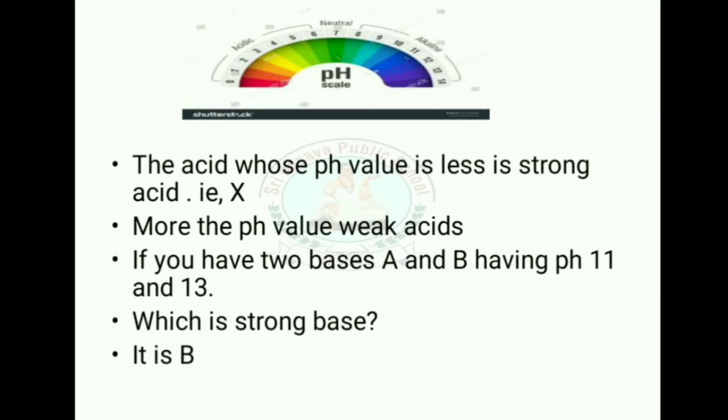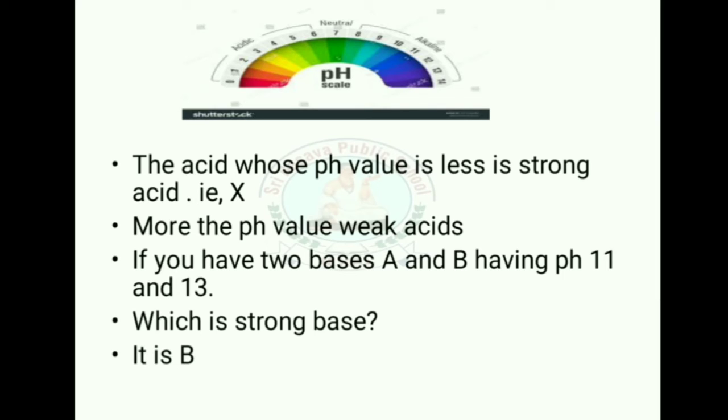And I want to tell you one more thing here about the pH scale. From 0 to 2, that is a strong acid. If the pH value is 2 to 4, they are moderate acids. If the pH value lies between 4 and 6, they are all weak acids.